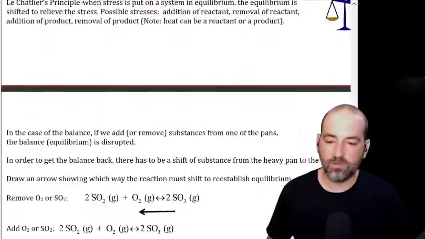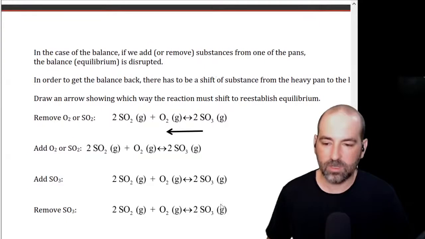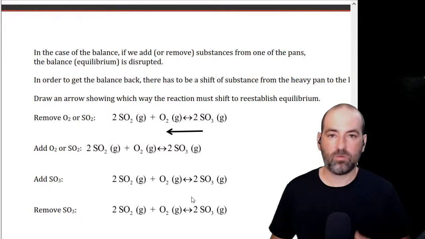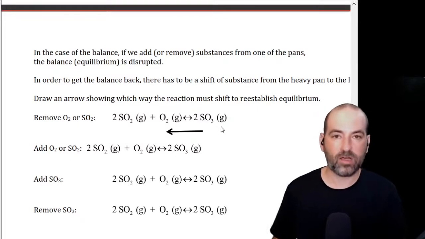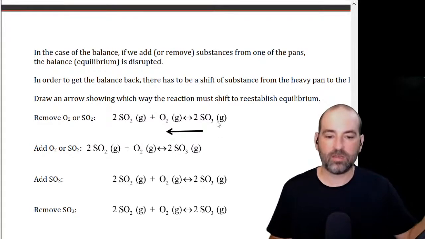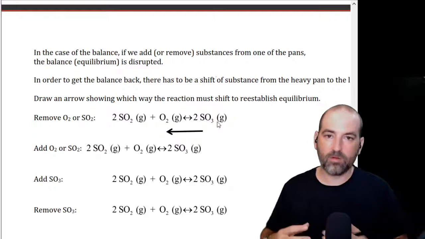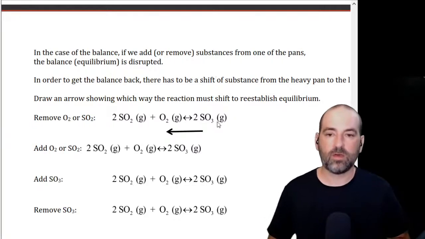But if we change the amount of either reactants or products, we're going to change what's in there. So if we can remove products by, let's say, evaporating a gas or releasing a gas, then we're going to move and create more of those products from the reactants.